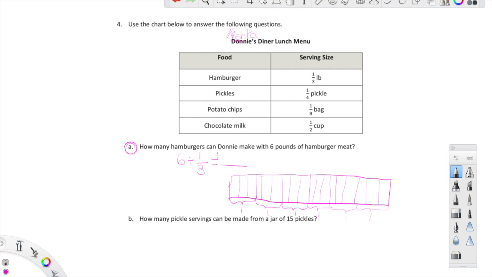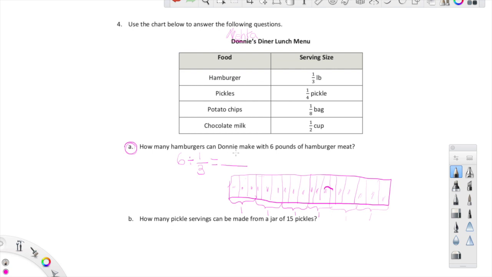Great! So now let's count all of these boxes. Seems like a lot. 1, 2, 3, 4, 5, 6, 7, 8, 9, 10, 11, 12, 13, 14, 15, 16, 17, 18.